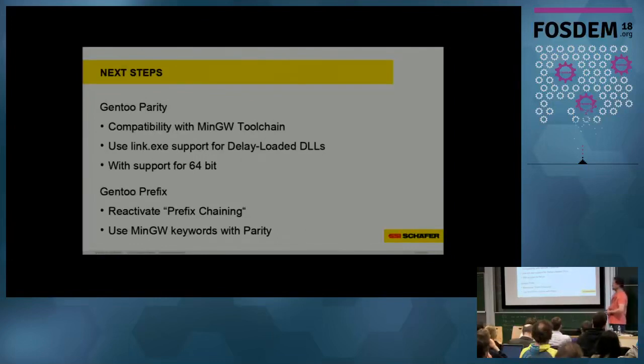Fortunately, there is prefix chaining, which is able to maintain another Gentoo prefix, but which does not contain the package manager itself, Gentoo Portage. Instead, there is a Cygwin prefix, which contains the package manager, and prefix chaining tells this package manager to manage a different prefix, which holds only binaries created by the native toolchain.